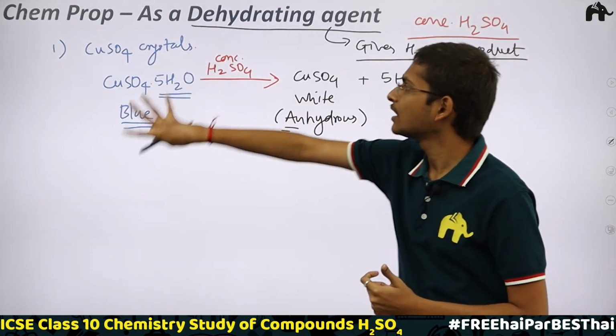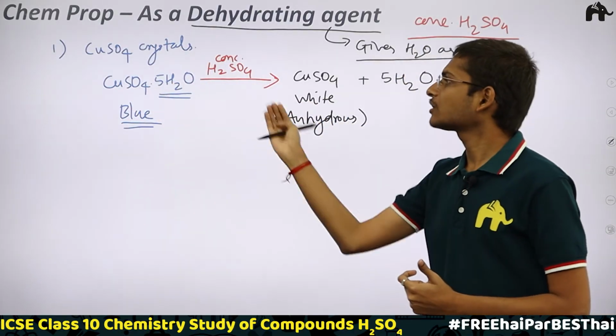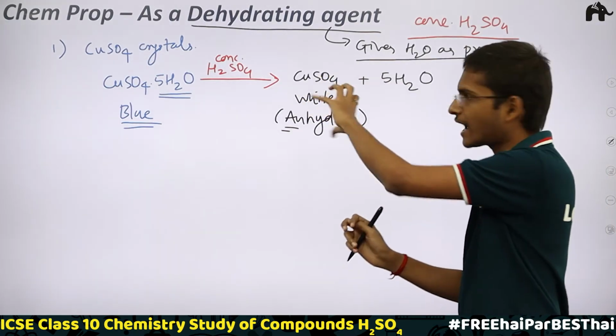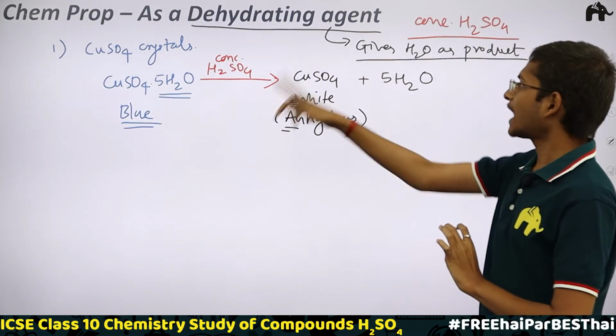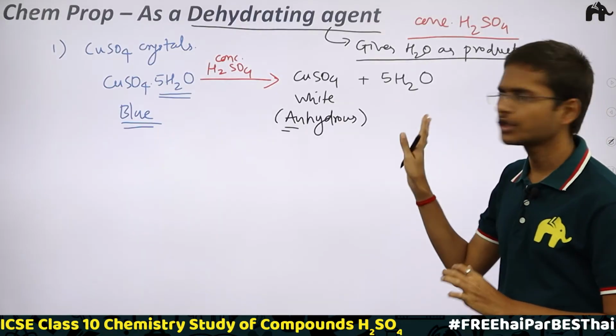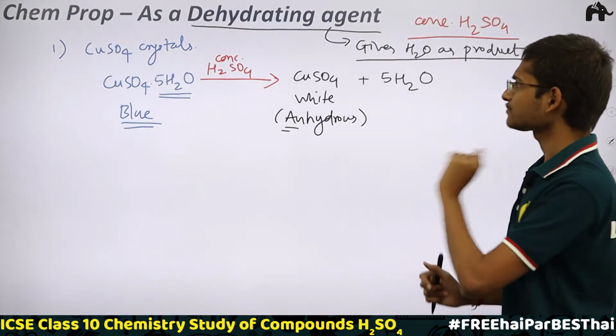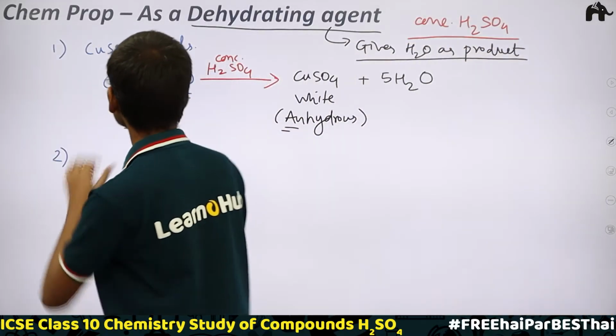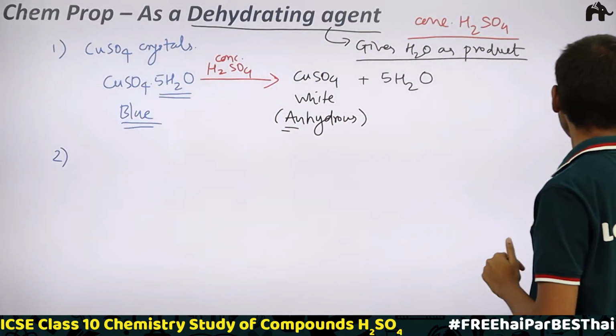Concentrated sulfuric acid just removes the color of the copper sulfate crystals, makes it white anhydrous copper sulfate, and gives out water, 5 water molecules. Very, very interesting, right?